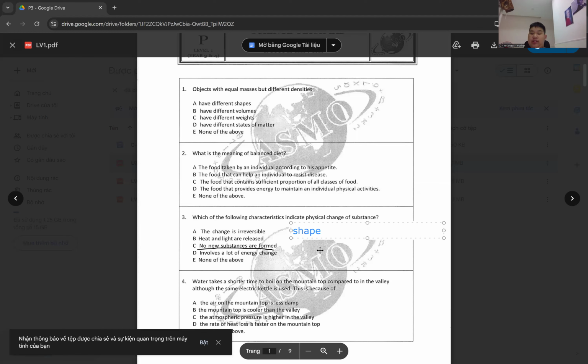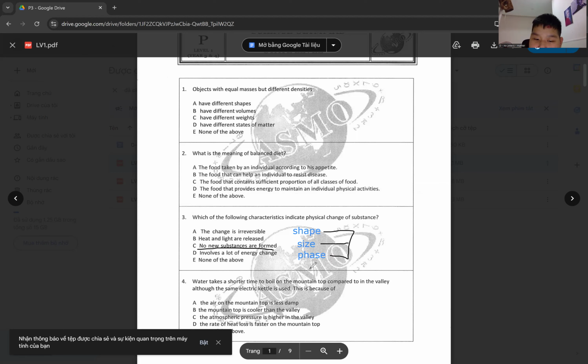You can also do the size. If you get a sponge and squish it, some water comes out and it may be a little tiny bit smaller than before. And also the phase.